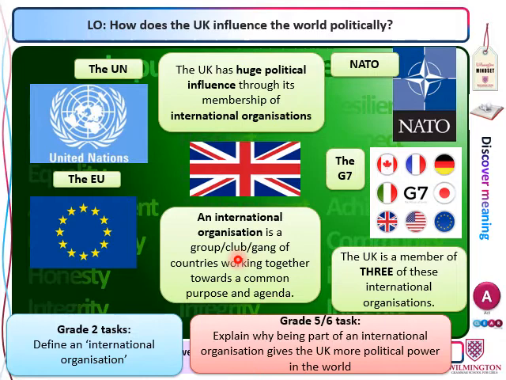There's politics locally, in local government, also in national government and internationally. And politics is all about power and how power is exerted. So this is what we're talking about here. We're talking about how the UK uses its power to influence, to change the world.